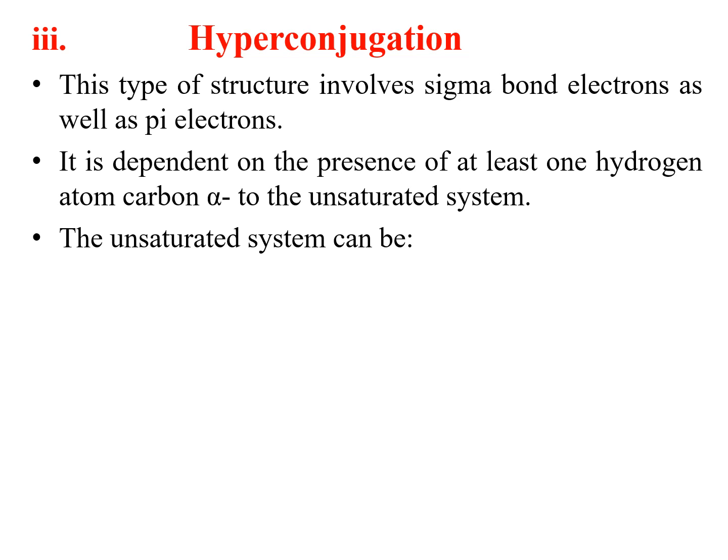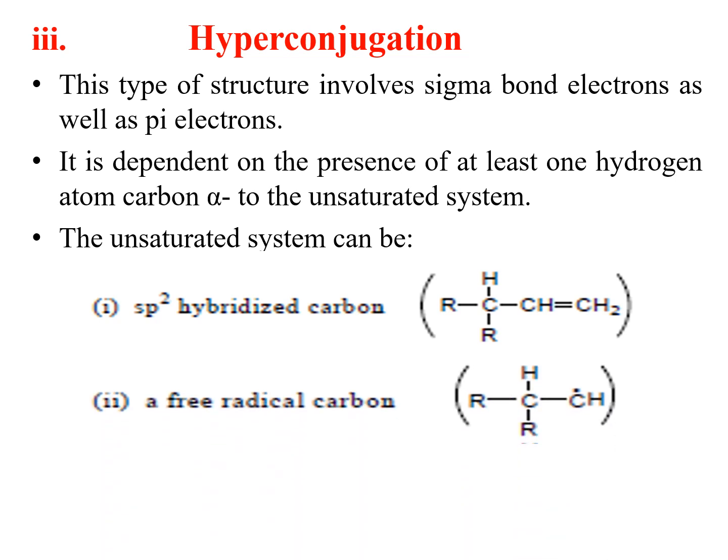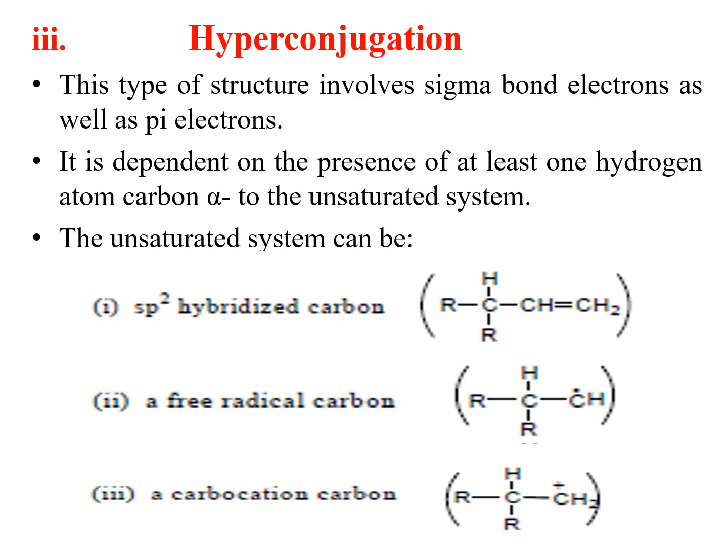Hyperconjugation is a kind of structure that involves sigma bond electrons as well as pi bonds. Now, there must be the presence of at least one hydrogen atom that is alpha to an unsaturated system. This unsaturated system can be sp2 hybridized, it can be a free radical, and it can also be a carbocation, just like we saw in the previous slide.